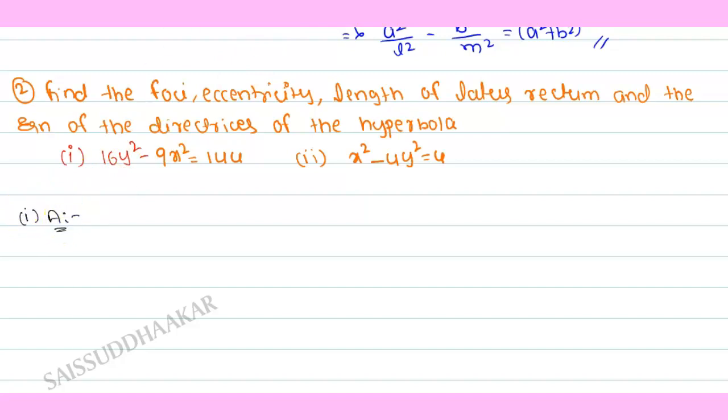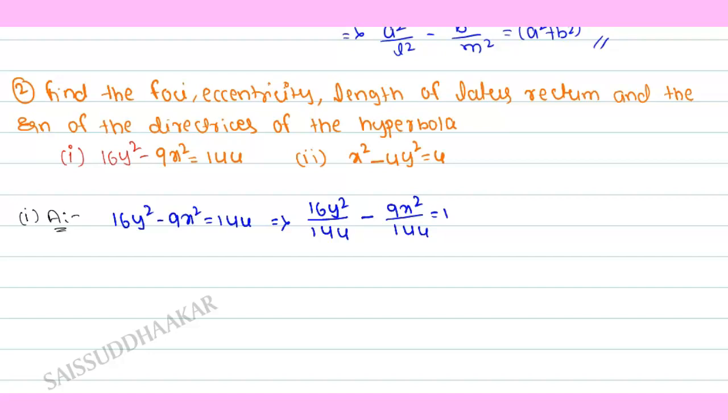First bit answer. So here, first, the given equation I am writing: 16y square minus 9x square is equal to 144. First I am dividing with 144. So this can be written as 16y square by 144 minus 9x square by 144 is equal to 1.